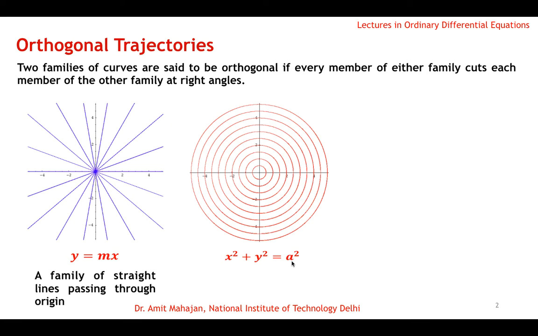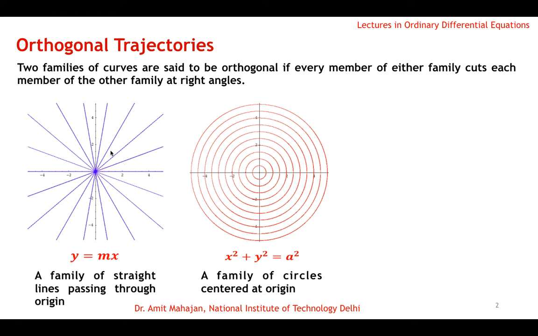With different values a1, a2, a3 we get different radii. It is again a one parameter family of curves because there is only one arbitrary constant a. So it's a family of circles centered at the origin.